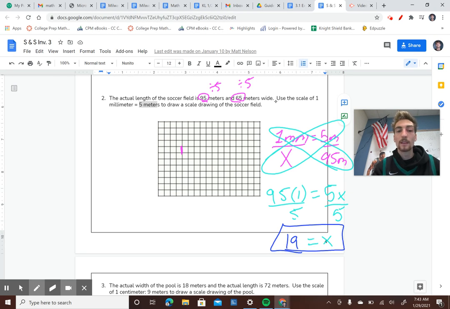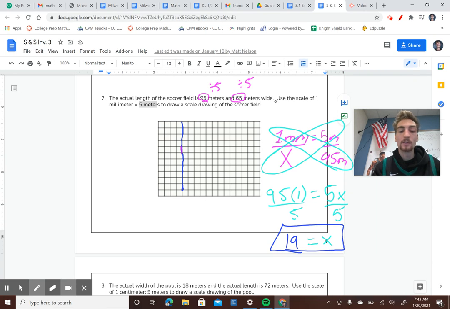And so my 95 meters would turn into 19. So I'd go 1, 2, 3, 4, 5, 6, 7, 8, 9, 10, 11. Ooh, well, I can't fit all 19 on here.